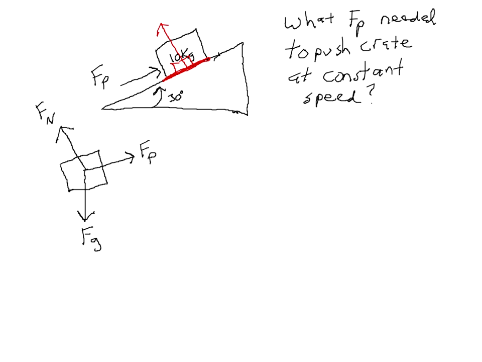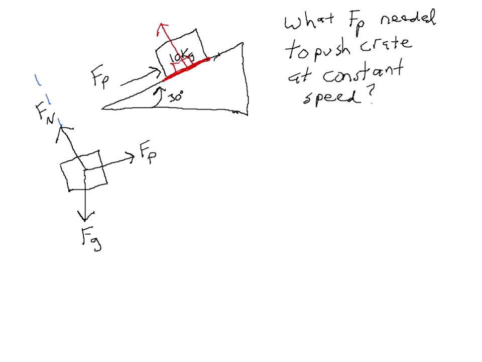Okay, next, we need to resolve the forces into their X and Y components. In order to do that, you need to pick an XY coordinate system. And here, to the extent that there is a trick for this kind of problem, this is it.